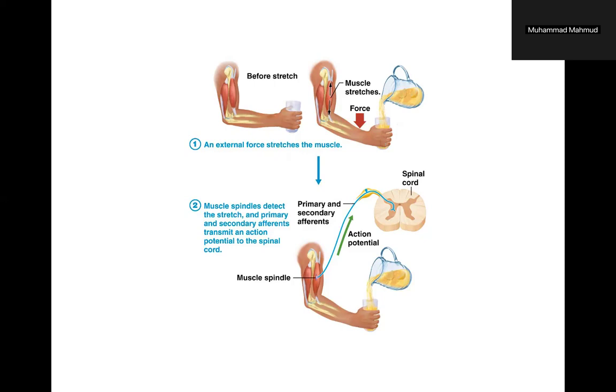And this will send information to your brain because your muscle is stretched. Who is detecting that? Muscle spindles. Inside the muscle, we have these receptors, muscle spindles, that detect the stretch, and primary and secondary afferents transmit this to the spinal cord. You see that blue line, sensitivity.